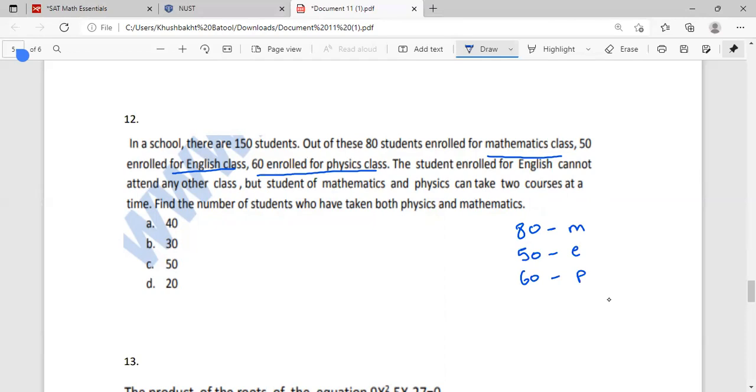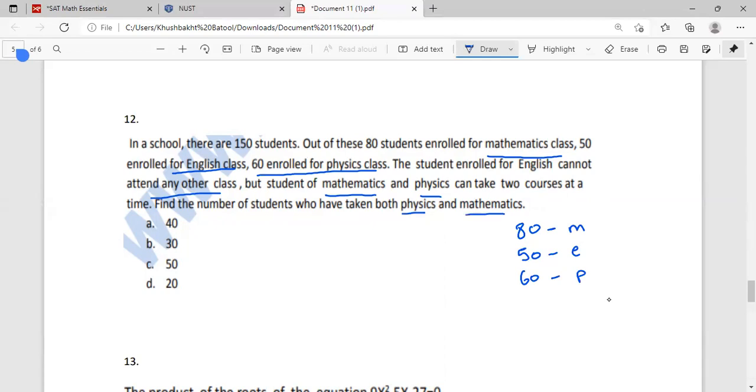The students who are enrolled for English cannot attend any other class. But students of mathematics and physics can take two courses at a time. Find the number of students who have taken both physics and maths.